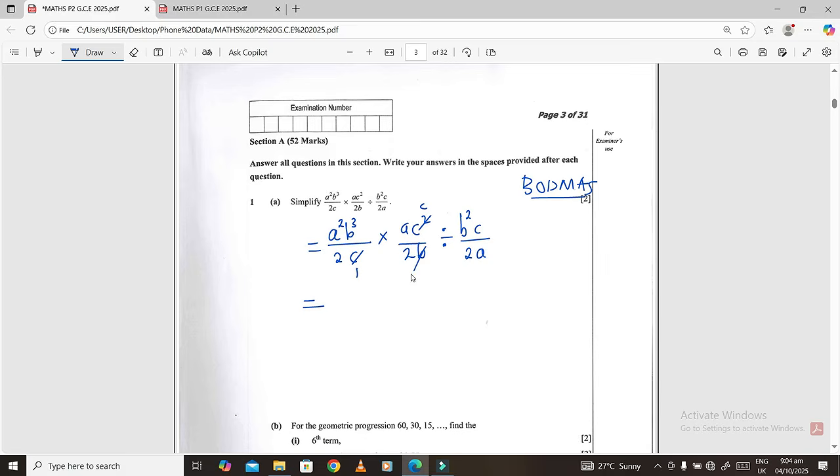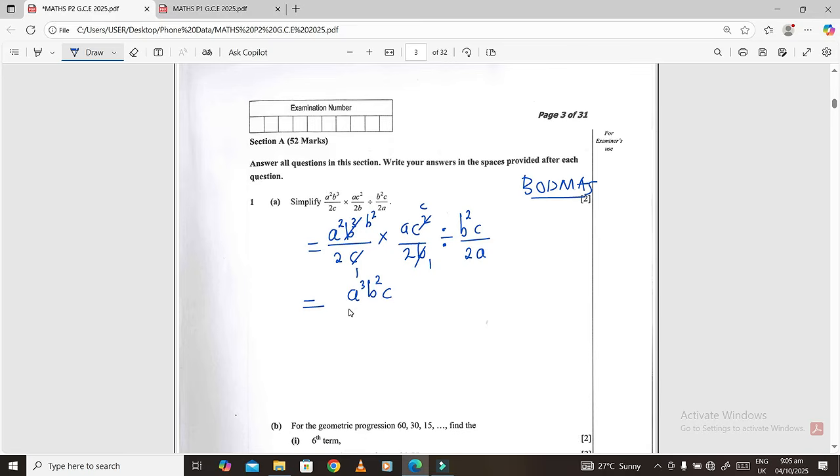You can see there's b here, in itself it's a 1 into b power 3. This will of course give us a b power 2. So we are remaining with a power 2, b power 2, a and c. So on top we shall have a power 3 and here b power 2.